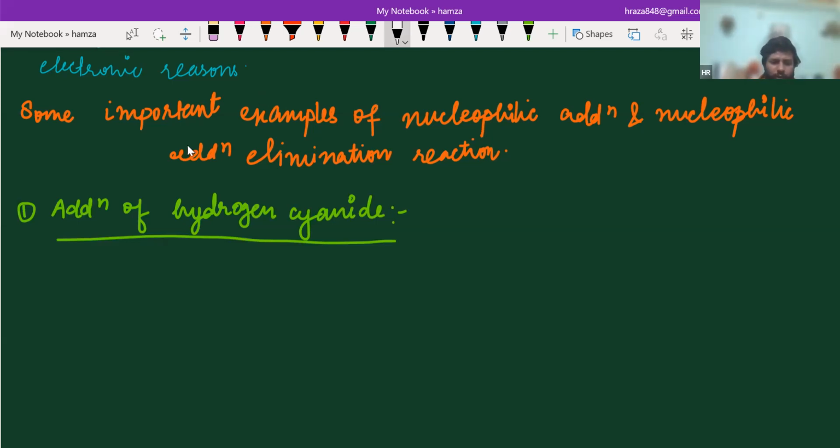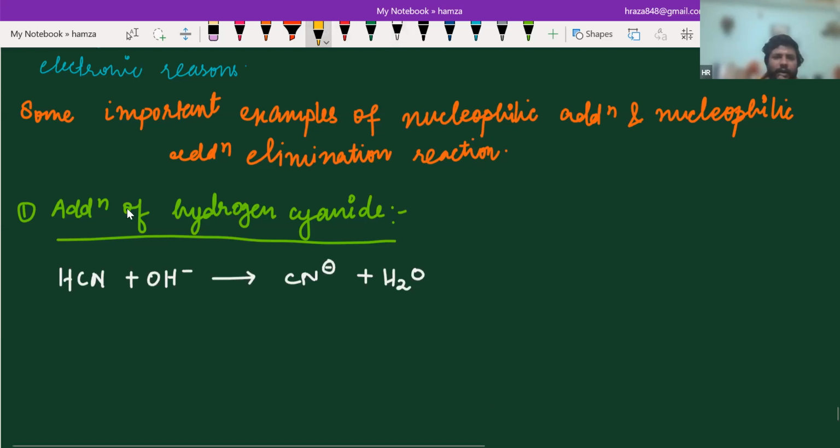First of all, we are going to react this hydrogen cyanide with a base that is OH minus. That will give you CN minus and H2O. How does it come? It's very easy to understand that CN is an electronegative, electron withdrawing group, so it will have negative charge and this will have positive charge.